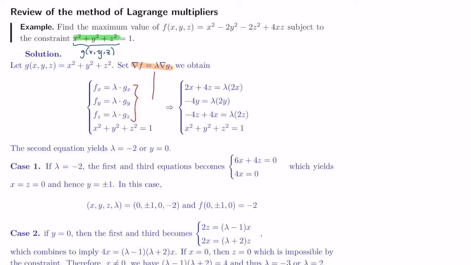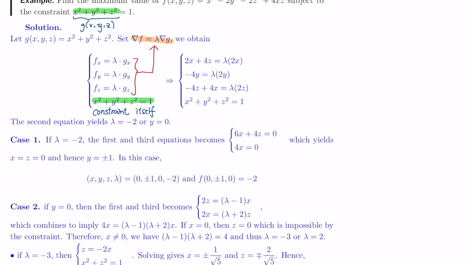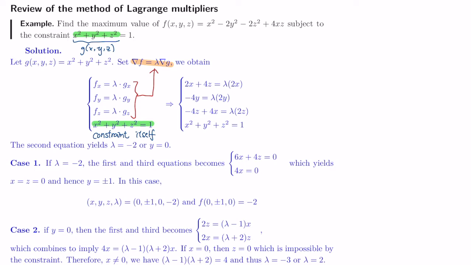And then the last equation, x squared plus y squared plus z squared equal to 1, is the constraint itself. I'm not going to solve this with you, but it is a very good exercise. But there is a question here.